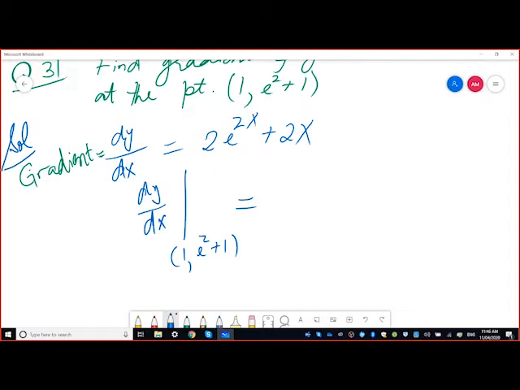That gives us 2e to the power of 2 plus 2. Good. This is our gradient and we can take 2 common, so it becomes 2 times e squared plus 1. So far so good?